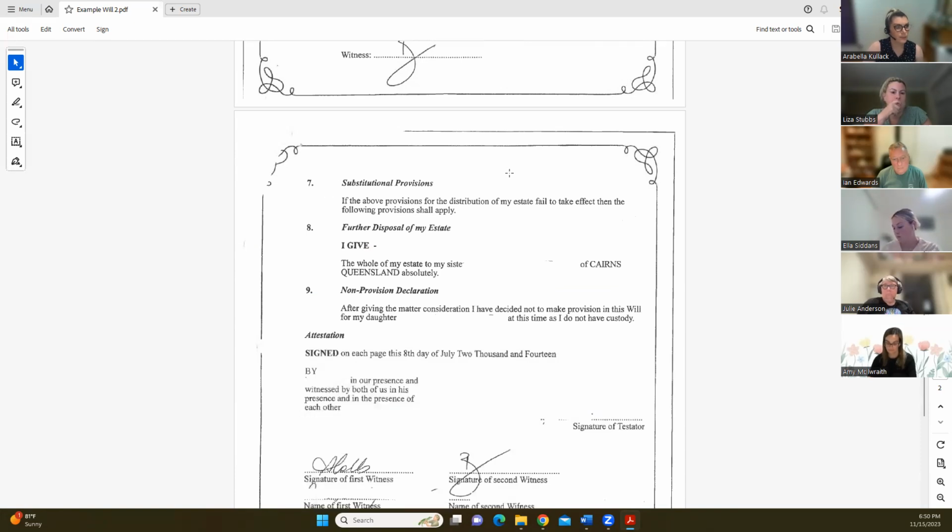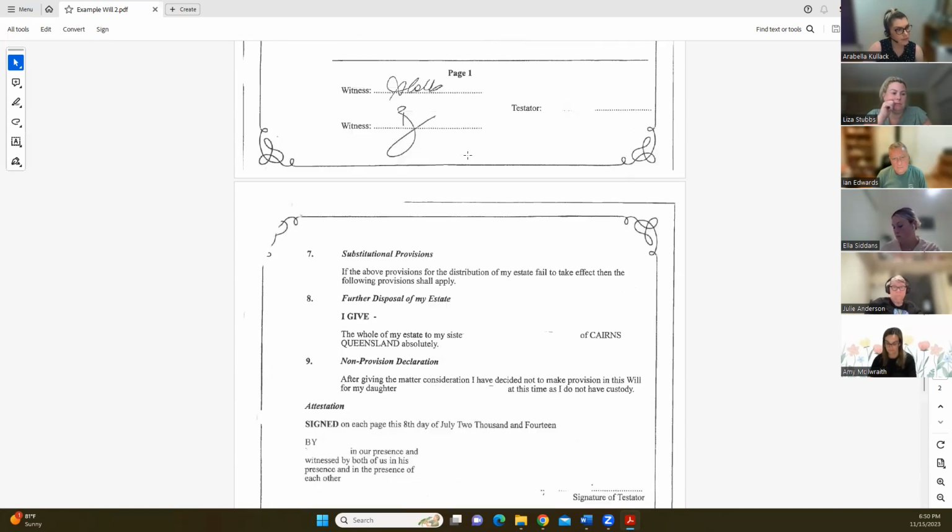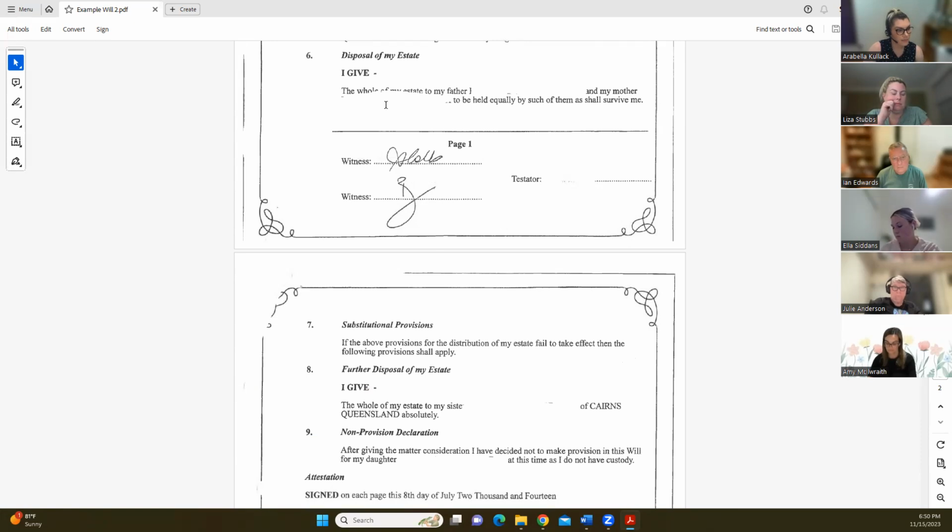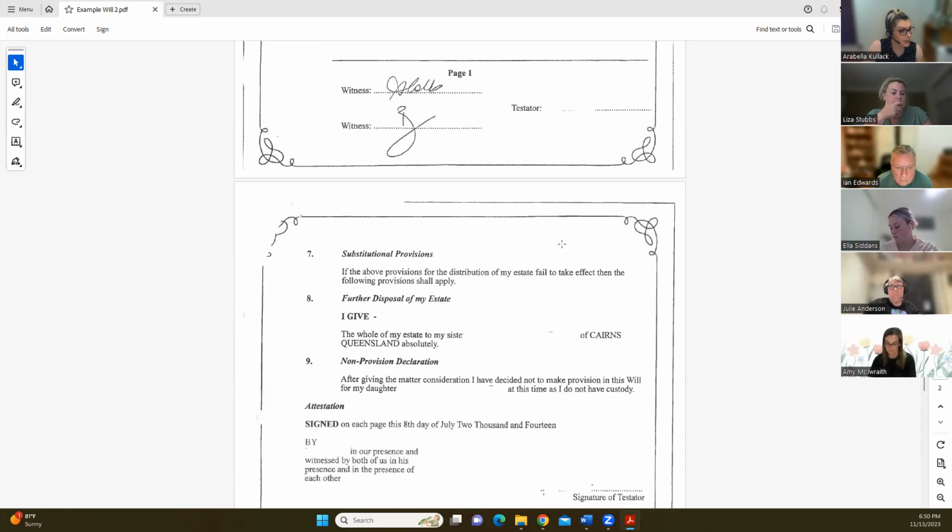Clause 7, we've got the substitutional provisions, which basically just says if clause 6 can't take effect, and this would be in circumstances where both the father and the mother have failed to inherit. So let's say they've both died, for example.